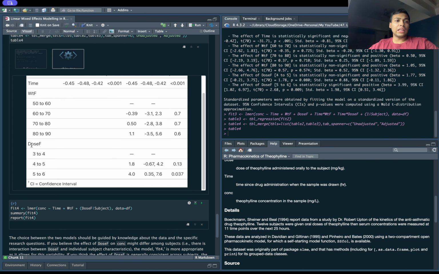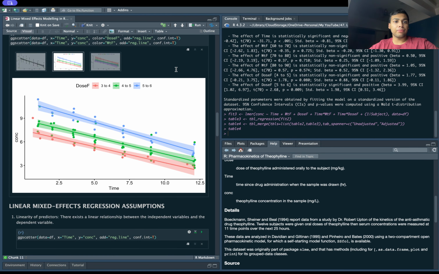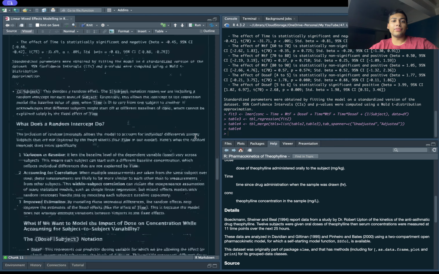So now that we are seeing this, let us go back to the graph, and this is 3 to 4 and this is 5 to 6. Okay, we can see some convergence of the blue line and the orange line. So all right, the slopes might be different, but not by much.